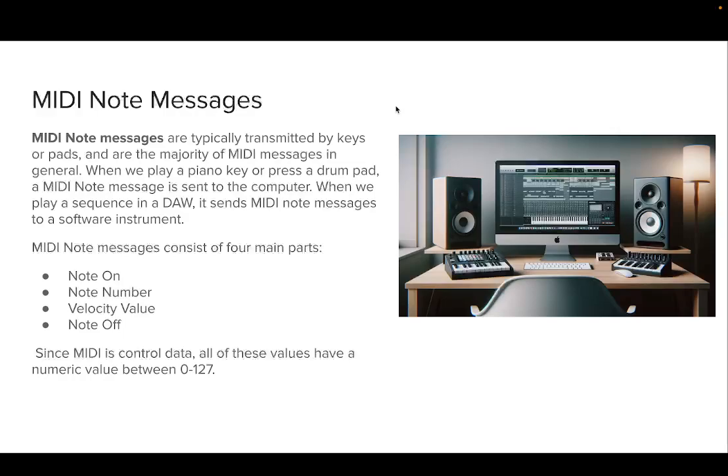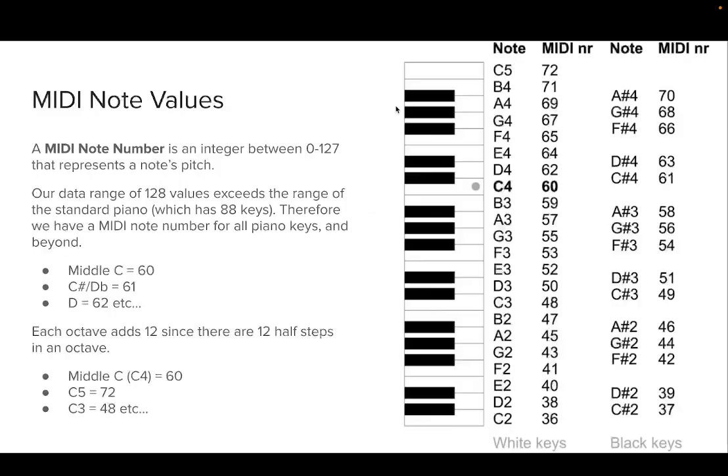MIDI note messages consist of four main parts. Although there are more, we will focus on these four values: note on, note number, velocity value, and note off. Since MIDI is control data, all of these values have a numeric value between 0 and 127.